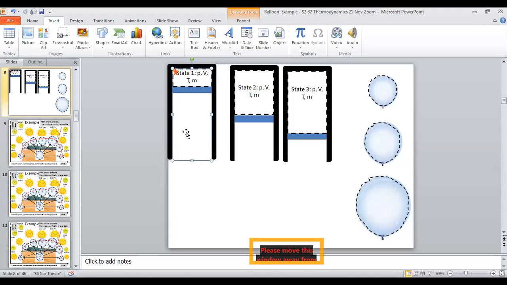Immediately with the spark, there may be a pressure rise, and because of that the boundary moves. Let me type a bit here.